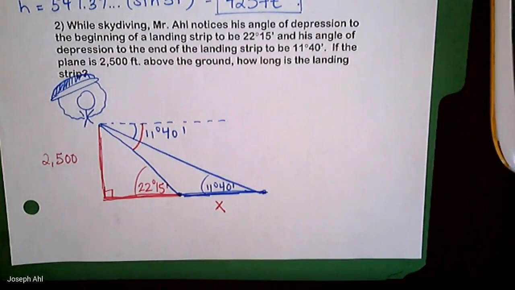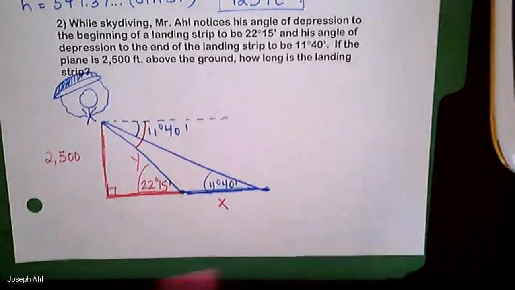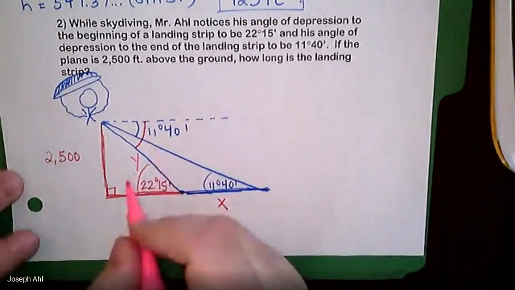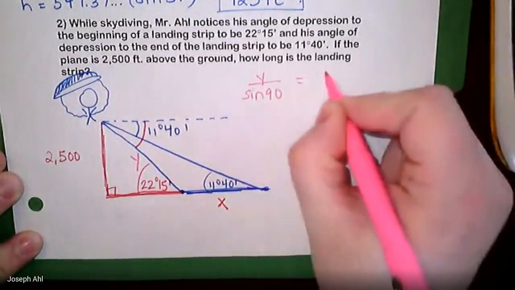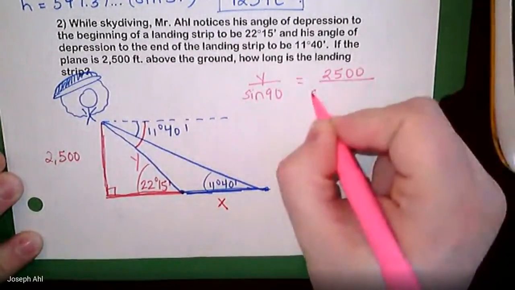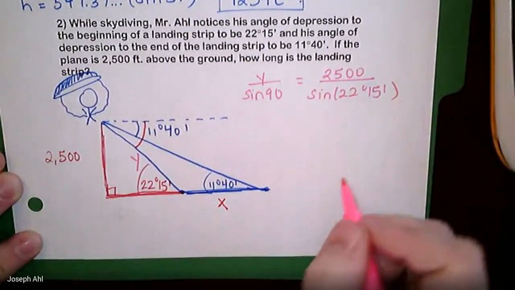Let's get some funky colors going at the end here, just for fun. Okay. So I'm going to call this y. I don't know if you can tell it's a different color or not, but to find y, I can set up some law of sines. It would be y over sine of 90 would equal 2,500 over sine 22 degrees, 15 minutes.